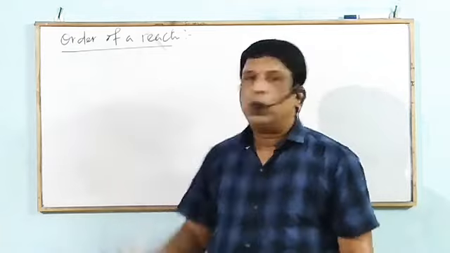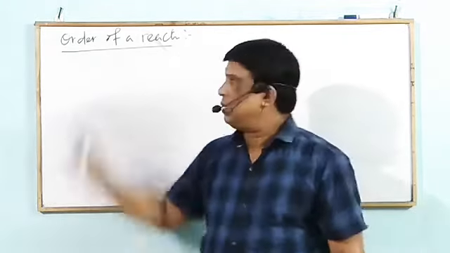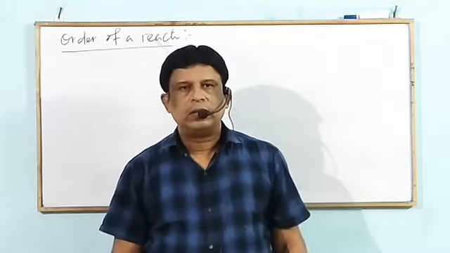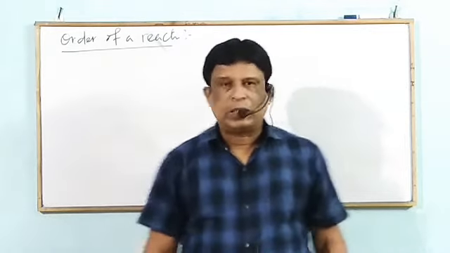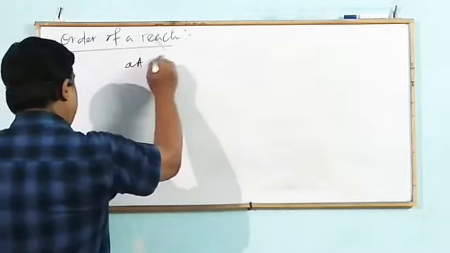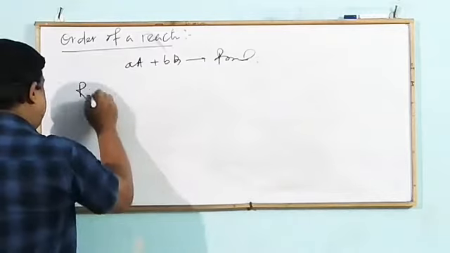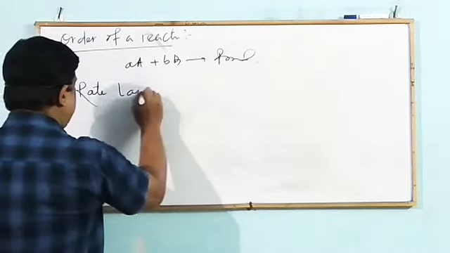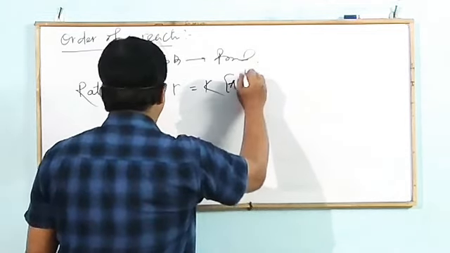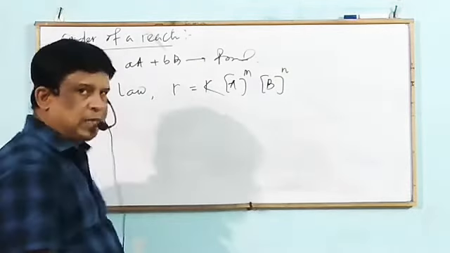First we discuss order of a reaction. It is an experimental concept. This concept is based upon experimental phenomena. While going through the rate law expression, observe that for a general reaction, A plus B gives rise to product. Then according to the rate law, rate of reaction is equal to [A]^m [B]^n for a complex reaction.